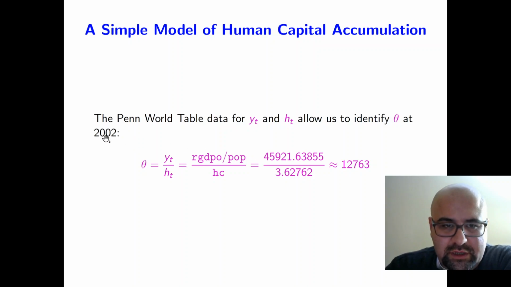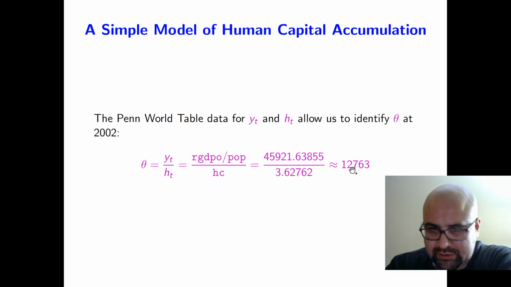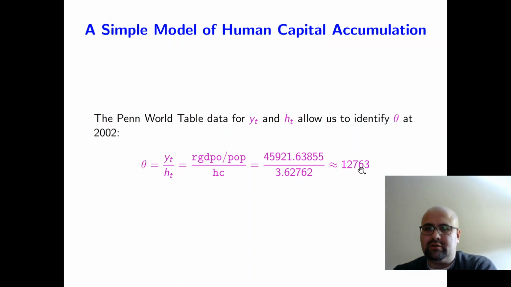Again, this is for the year 2002. And then this is GDP per capita. If you divide GDP per capita by human capital using this equation, then you find this number. Of course, since we are not imposing any constraints on the measurement units, theta is a large number.